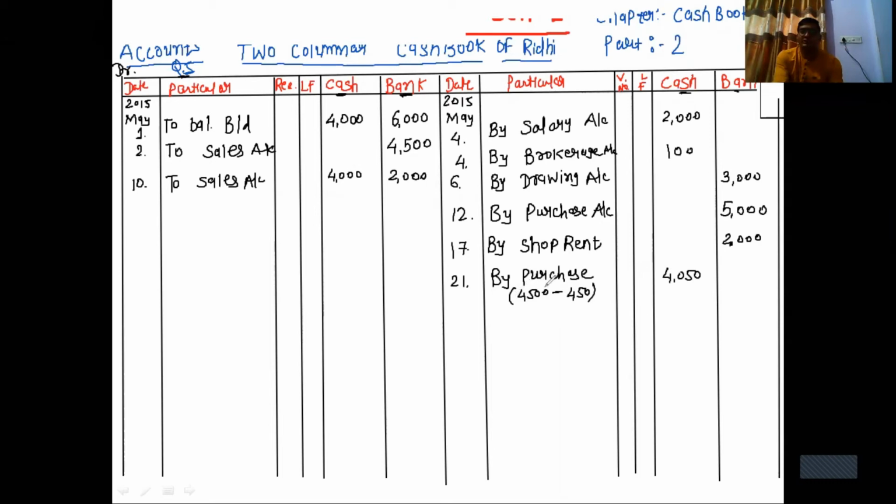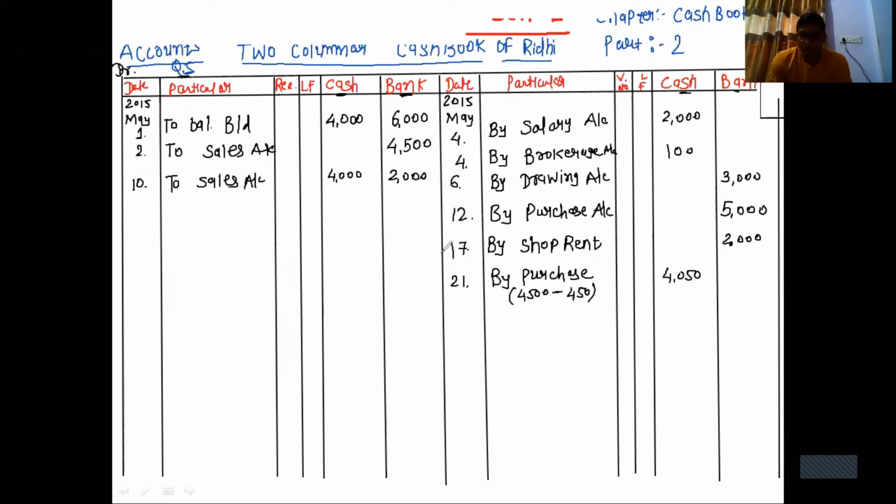So we received the goods for 4,500, but we have to pay 4,050. Here it is paid by cash, so it affects only the cash column. Okay, if we paid by check, then the entry would be in the bank column.